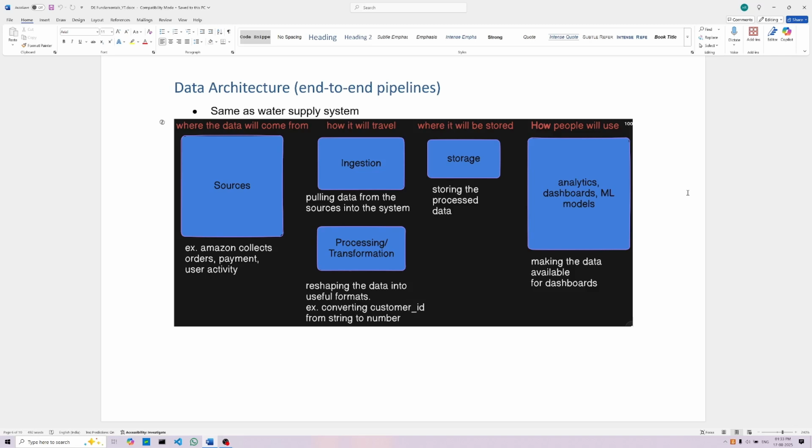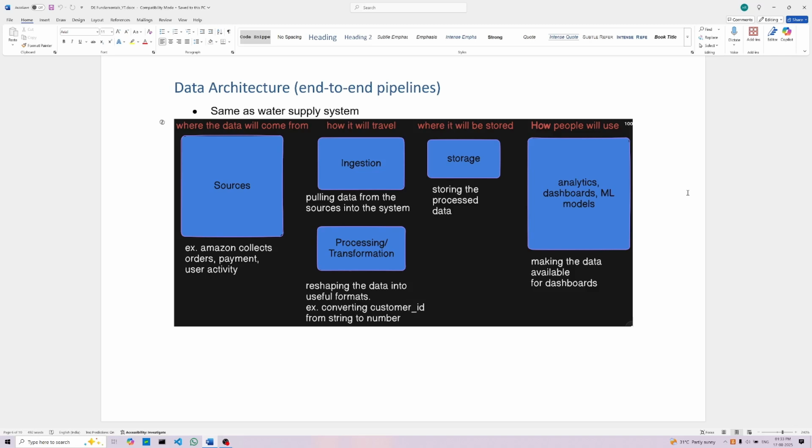It's very simple, it could be a tank or anything. Then how people will use it. Finally we will serve that water, so users will use it from the tap. So these are the 4 questions that you have to remember.